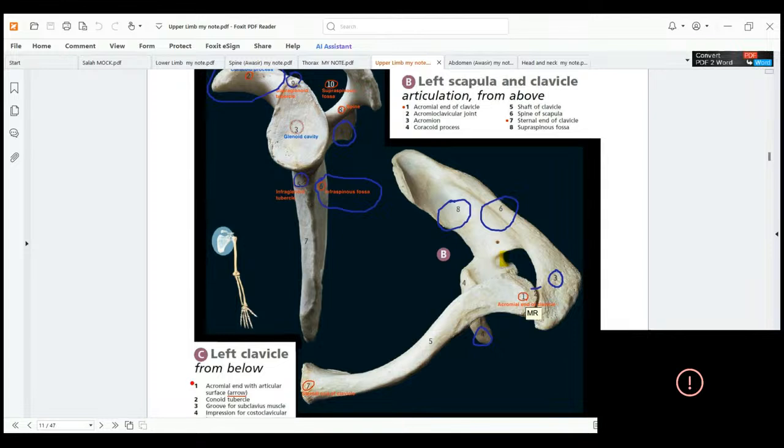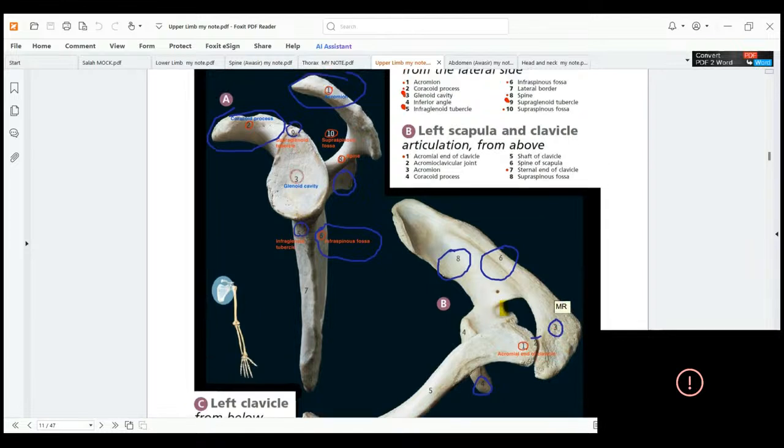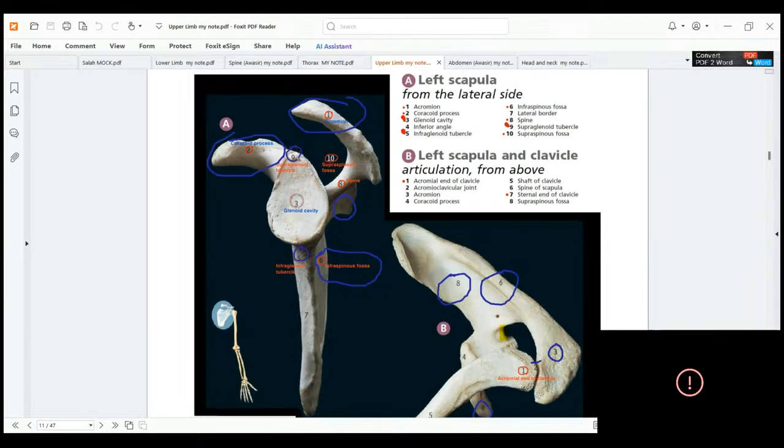Acromioclavicular joint. This is how the joint forms. 9 supraglenoid and 5 infraglenoid.